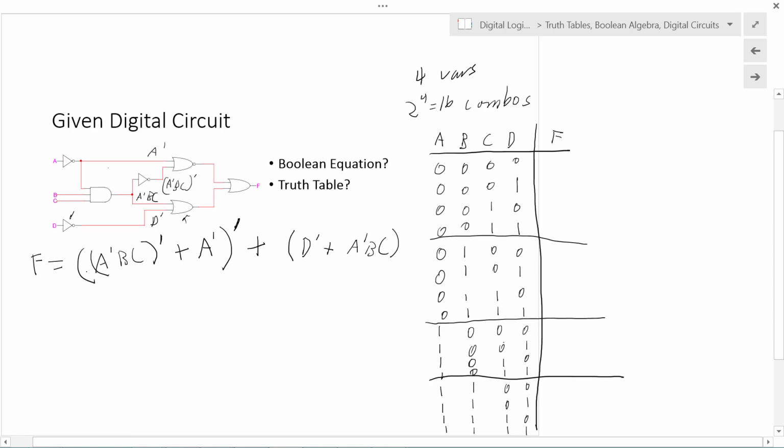So for 16 possible input combinations, we have binary numbers 0 through 15 listed in order here.